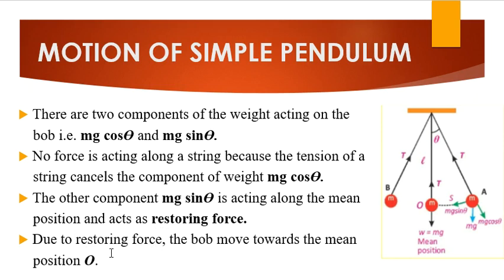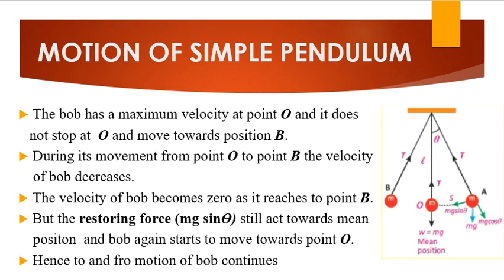You can see that due to the restoring force, the bob moves towards the mean position. Now when the bob moves from point A towards point O, the mean position, it has maximum velocity, and due to its maximum velocity, it does not stop at the mean position O, and it moves towards position B.